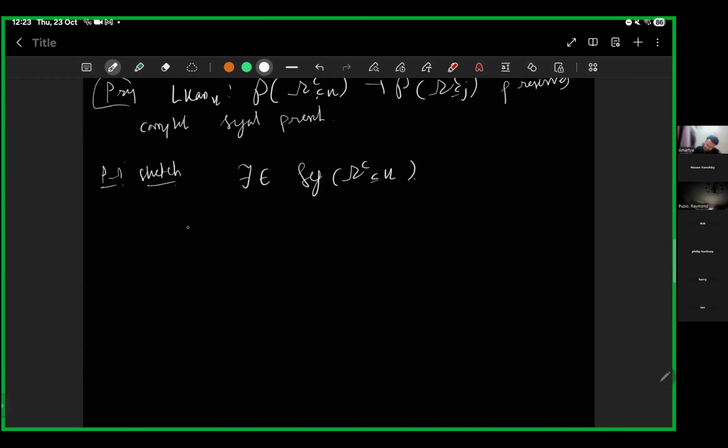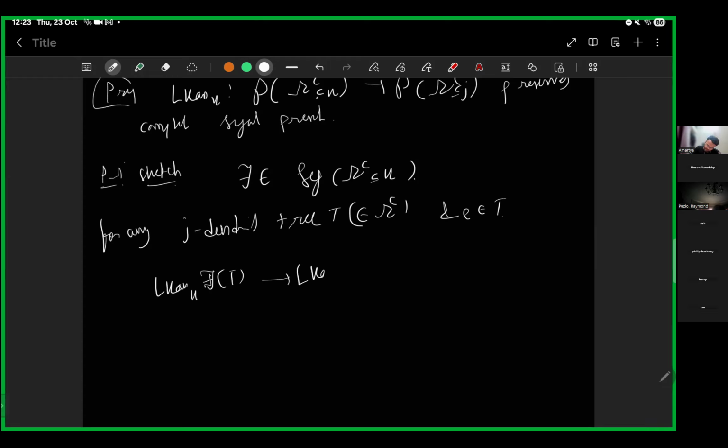You have a k-dendroidal tree T, for any k-dendroidal tree which is also closed, and E an internal edge of T. This map is an equivalence. Just remember these were one of the equivalent statements that we had, greater than equal to J.